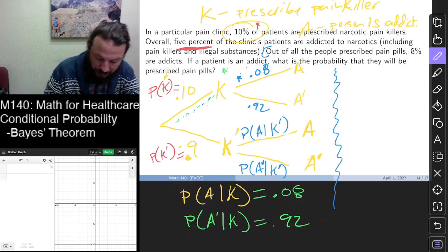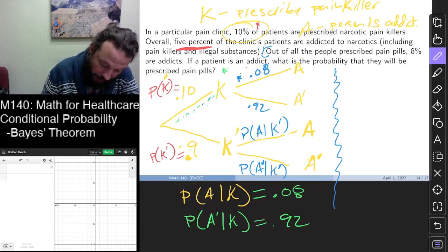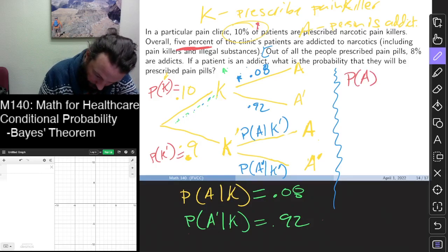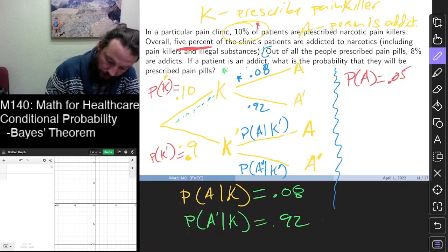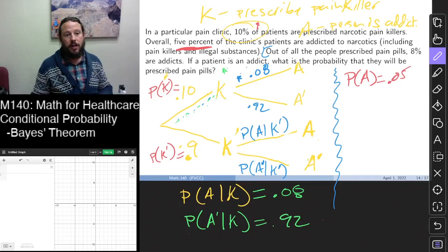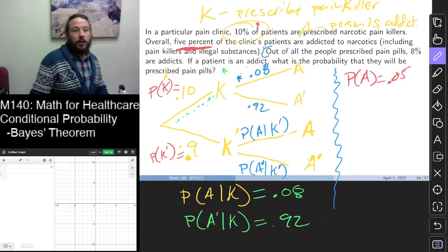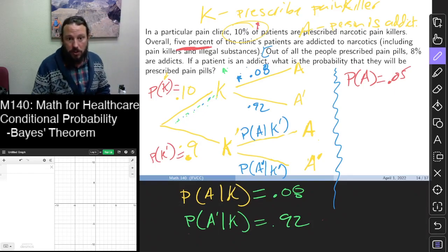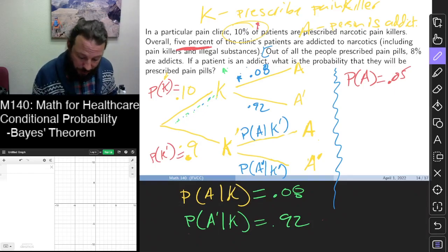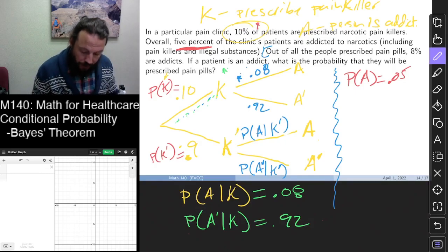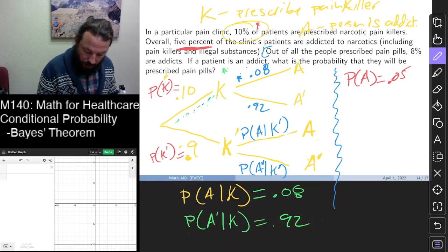That means that they're in A. So that's telling me the probability of A is 5%. Now, convince yourself that's correct. 5% of the clinic's patients, not necessarily the people that have been prescribed painkillers, just the patients. So it's not a conditional probability. Notice that doesn't give us either of these branches. Okay, that's okay.